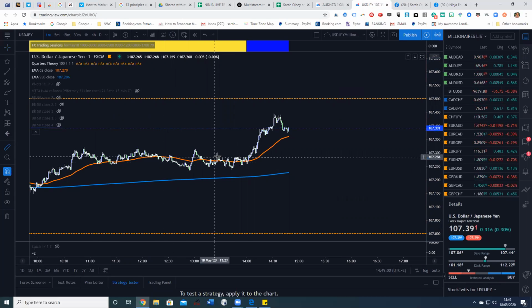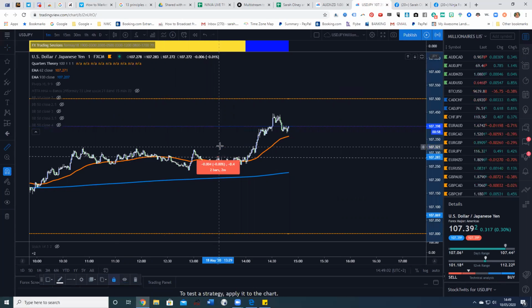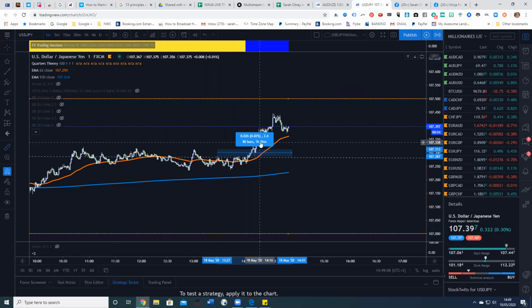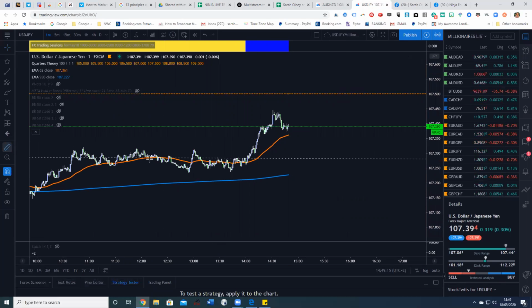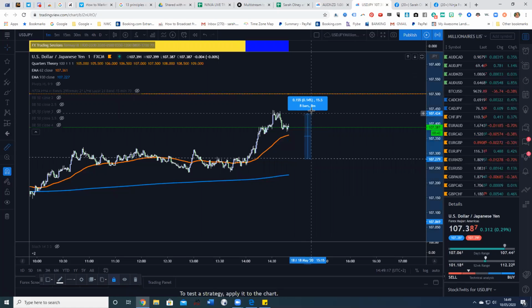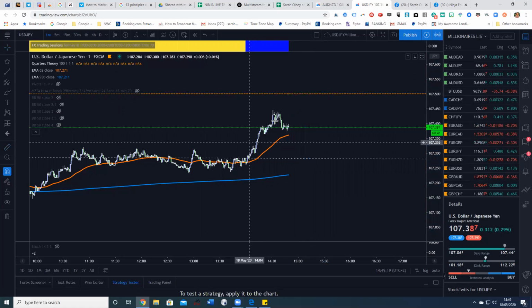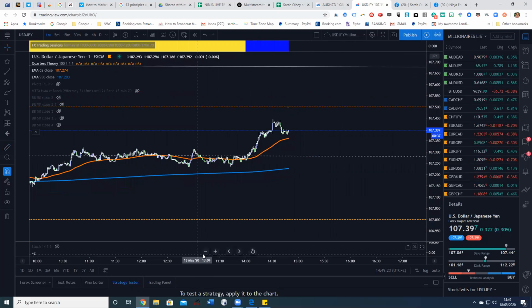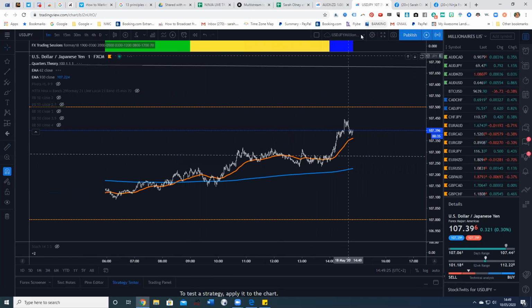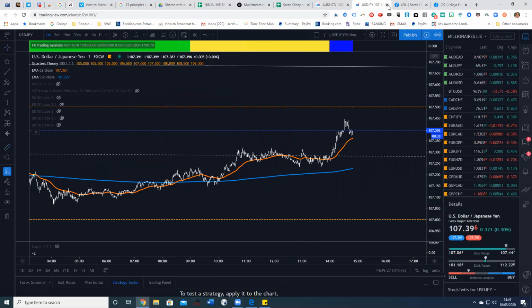It only did three pips there, and then it's come back and just stayed above. So I wouldn't have got in that one. But that has done 16 pips, and it looks like it's dropping back down again now. So nothing on that one.